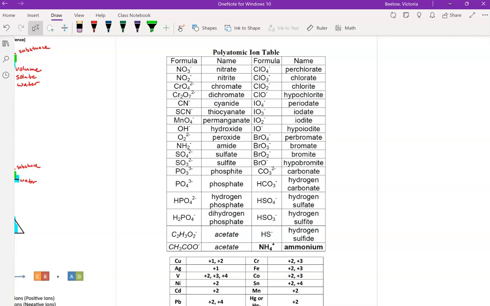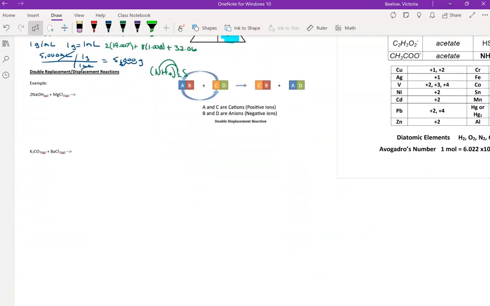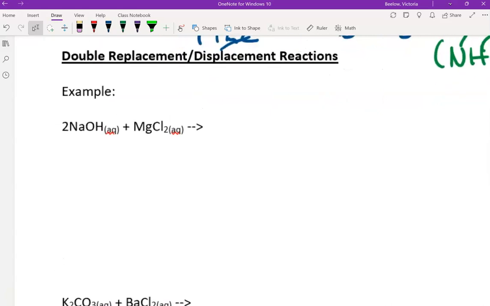Yes, these are covalent compounds technically because they're made of two nonmetals. However, they do have an overall charge, making them an ion, and therefore making these ionic compounds. So what we're going to do is I always like to switch the first two elements with each other.